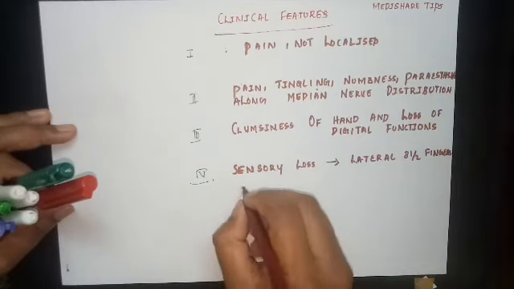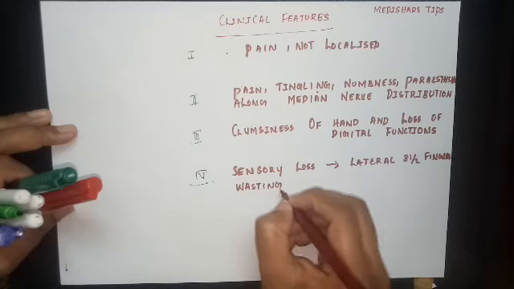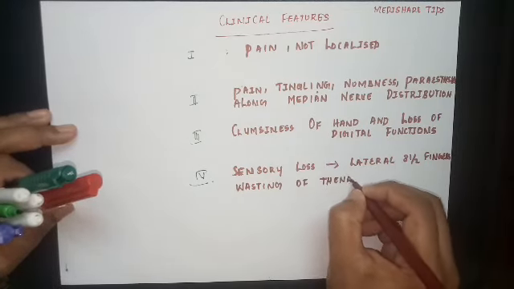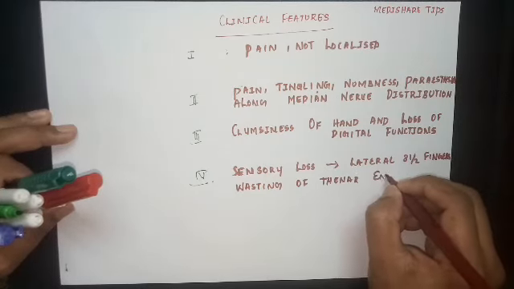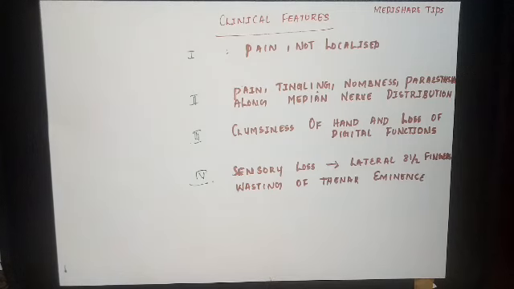And the patient will be having wasting of the thenar eminence. These are the stages, so the patient can present at any of these stages. So remember, if the patient is having sensory loss or wasting of the thenar eminence, the patient is in stage 4.